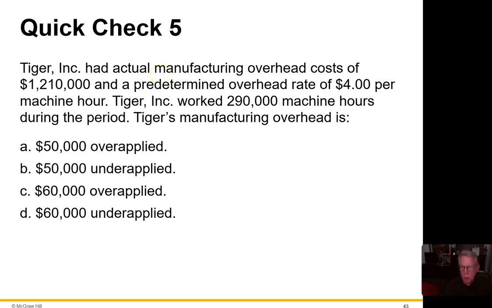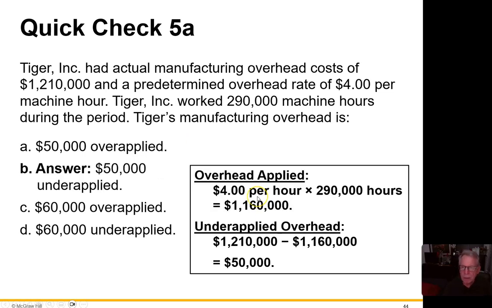What we would do is take the $4, I'm doing it on my calculator, times 290,000, and that gives me 1,160,000. So I can subtract 1,210,000 from that, and that means that I'm $50,000 over applied.